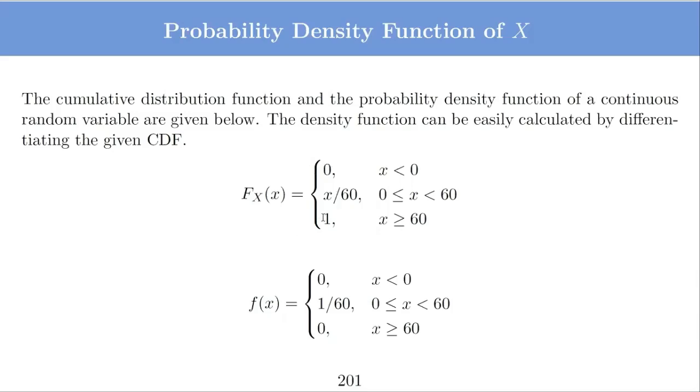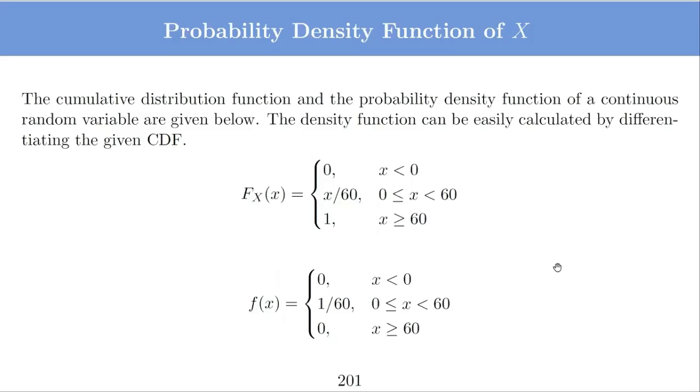For x greater than 60, it is 1, a constant, so the differentiation is also 0. Between 0 and 60, it is x by 60, so the differentiation will be 1 by 60. If you plot it, you will find that it is 0 outside the interval (0, 60), and between 0 and 60 it has a constant density of 1 by 60.